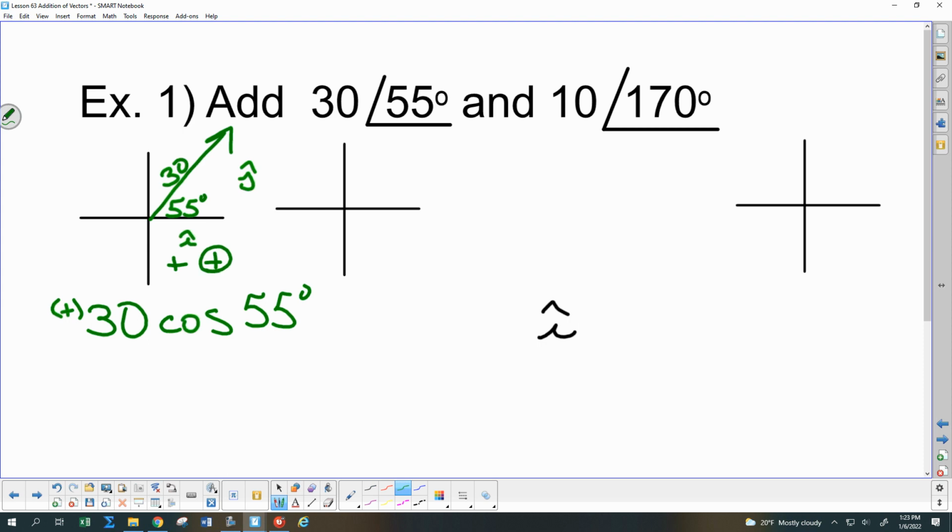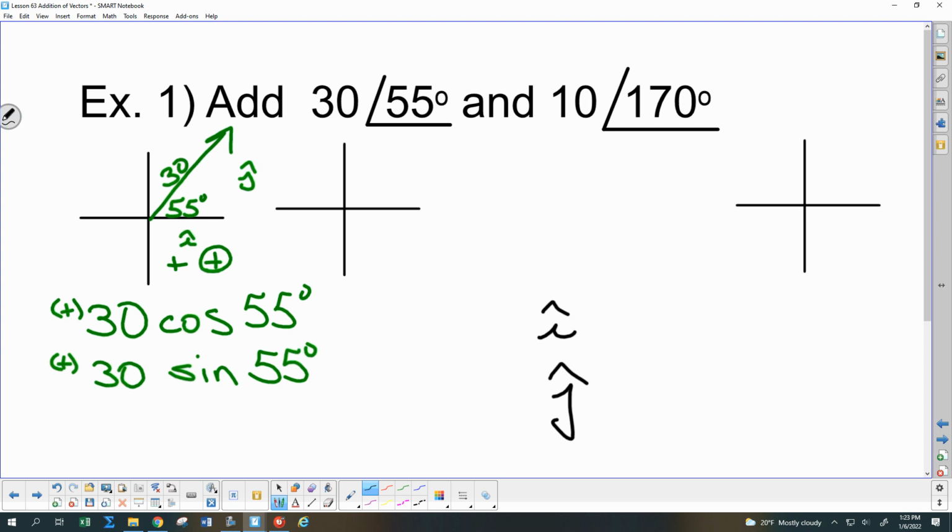And because it's first quadrant, the J hat is also positive. So we'd also have a positive 30. J hat uses the sine of the 55 degrees. And whatever the calculator would tell us, that would be the J hat part of the rectangular form.